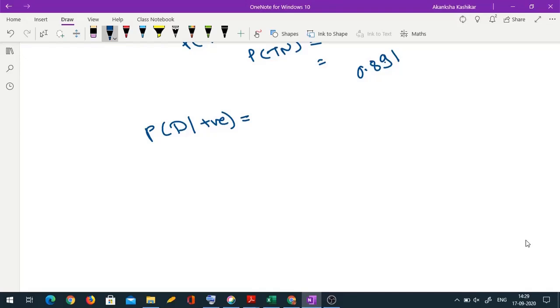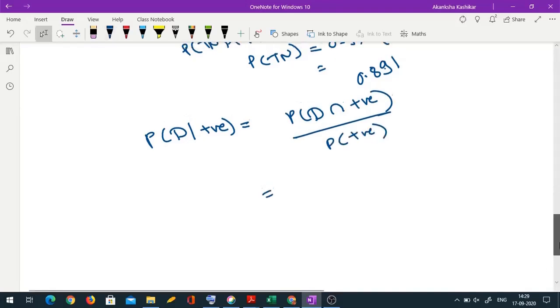Similarly, probability of being negative given that you don't have the disease was 90%. But now your test has turned out to be positive. So probability of disease given positive becomes probability of disease intersected with positive divided by probability of positive.